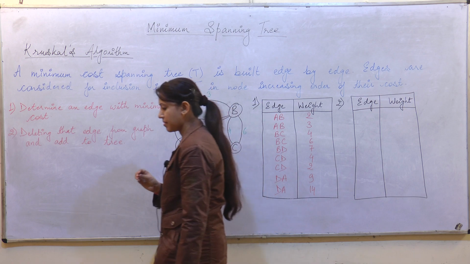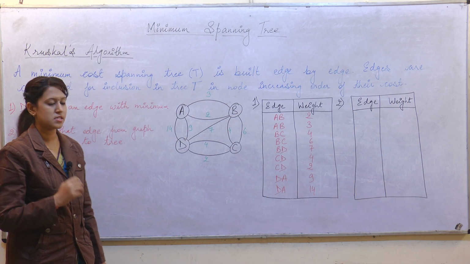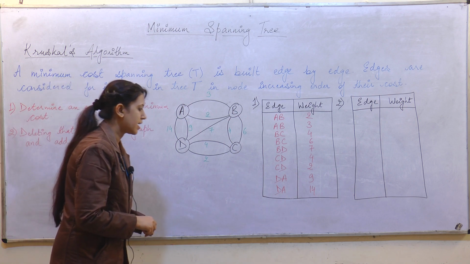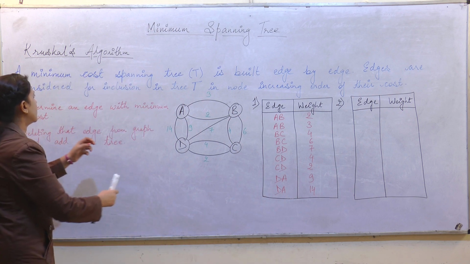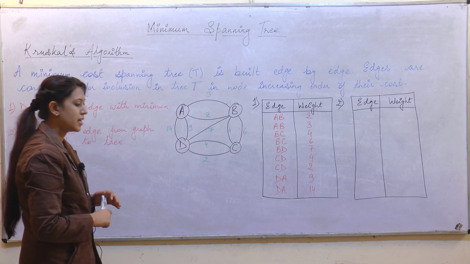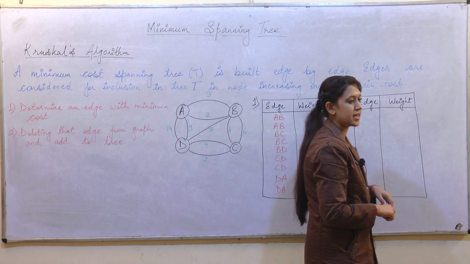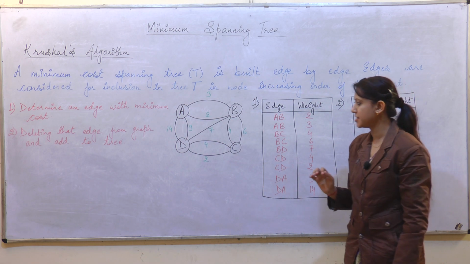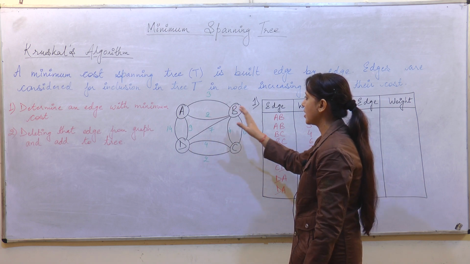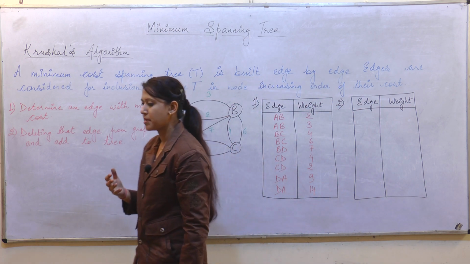Now let's first understand the basic definition of Kruskal's algorithm. Kruskal's algorithm is mainly used for a minimum cost spanning tree, and it builds that minimum cost spanning tree edge by edge. Edge by edge means by using the edges of the minimum spanning tree.